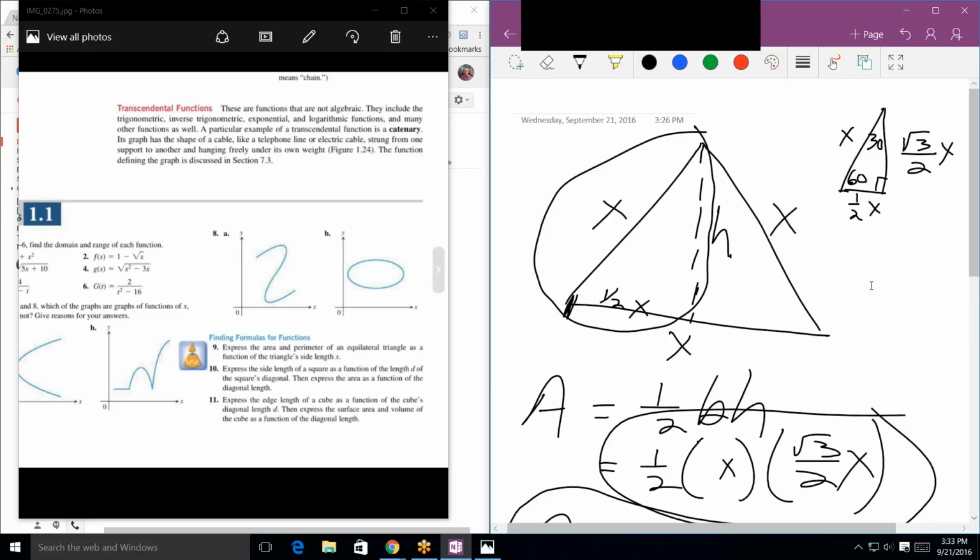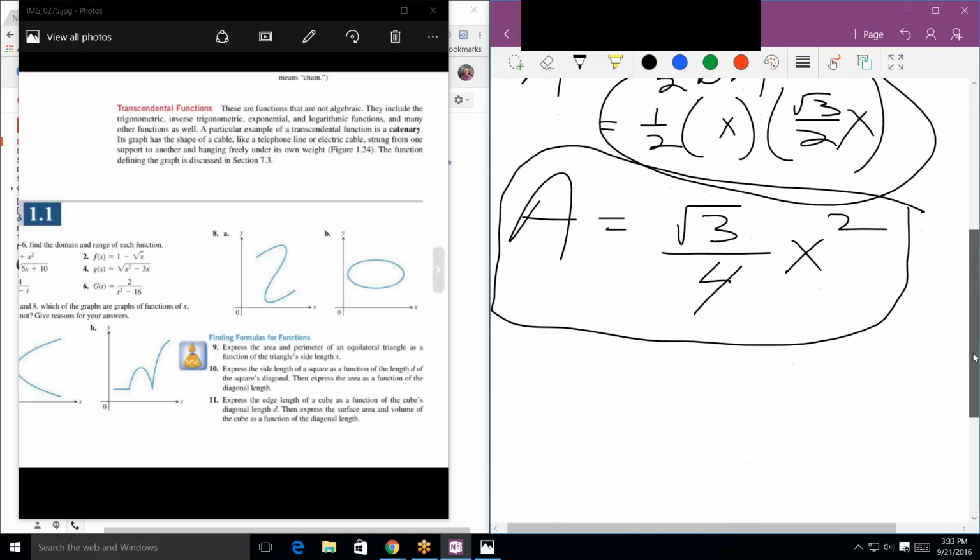In other words, it wasn't that easy to come up with the area as a function of x. We did it, and so rather than having to do all of that work every time, a lot of systems will ask you to memorize that. Okay. It's worth kind of doing. Square root of 3 over 4 times x squared.